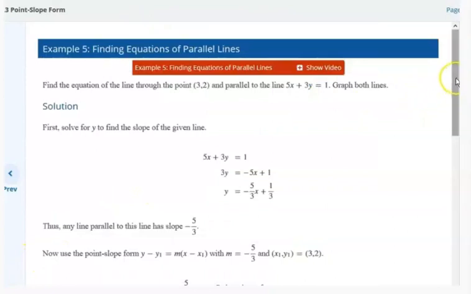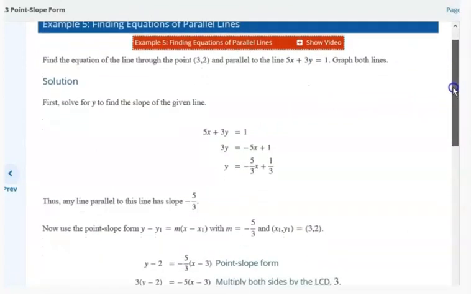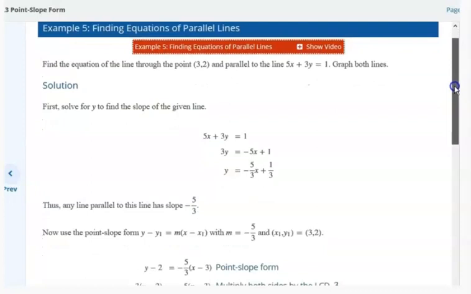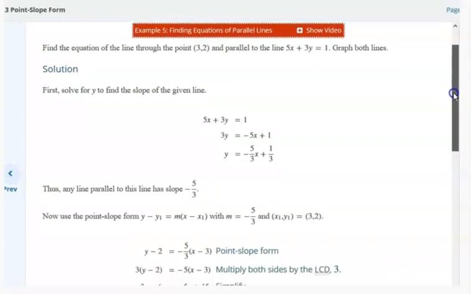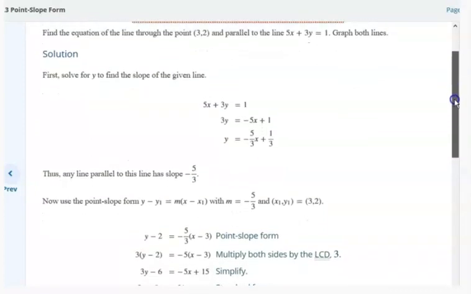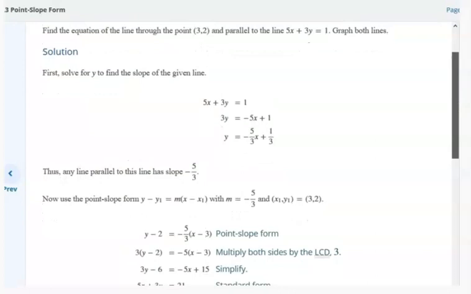For example 5, we want to find an equation of a line parallel. Well, what they're giving us is an equation in standard form, and they want it to go through this point. So the first thing is you have to find what is the slope of this.